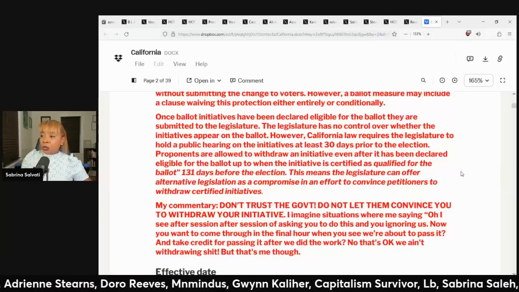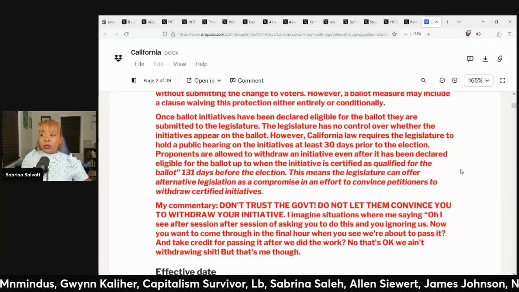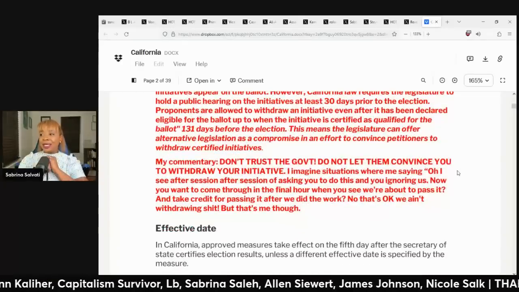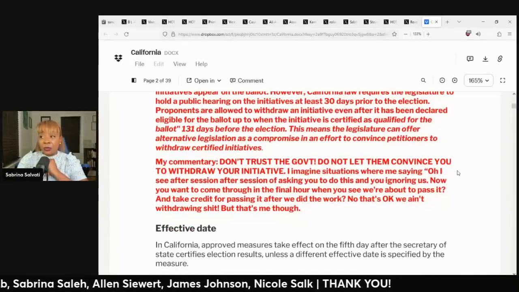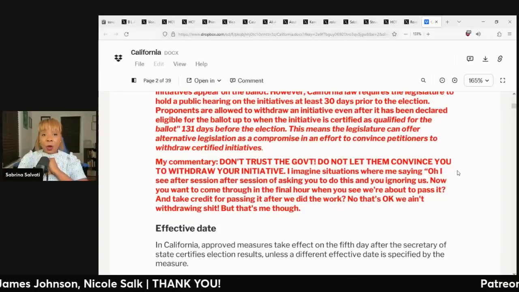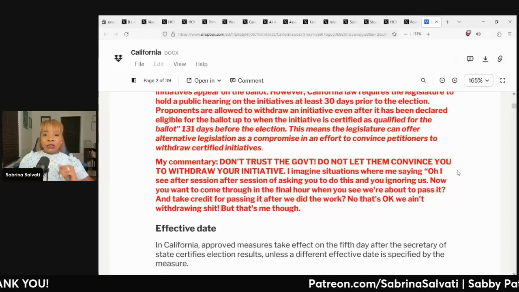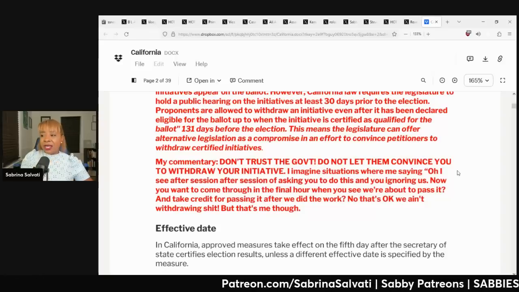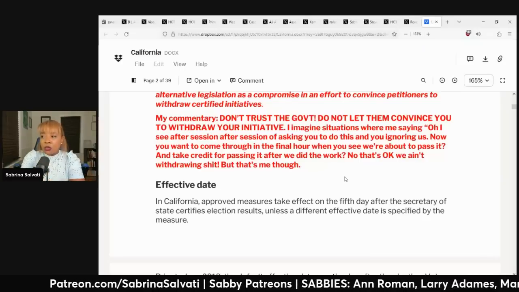Proponents are allowed to withdraw an initiative even after it has been declared eligible for the ballot, up to when the initiative is certified as qualified for the ballot 131 days before the election. Now, this means that the legislature can offer alternative legislation as a compromise in an effort to convince petitioners to withdraw certified initiatives. A little note here from Roger, which I think is important: Don't trust the government.